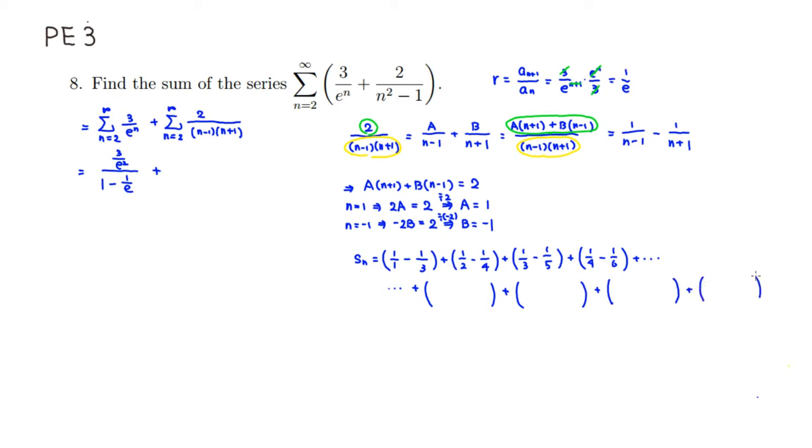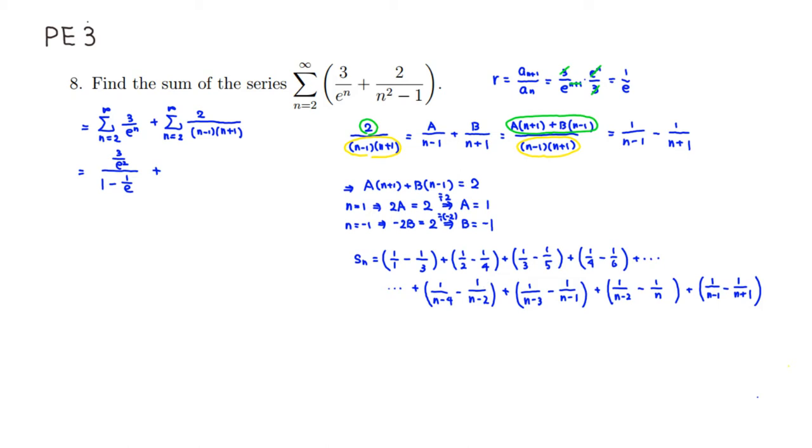The very last one is 1 over n minus 1 minus 1 over n plus 1. One before would be 1 over n minus 2 minus 1 over n. One before that would be 1 over n minus 3 minus 1 over n minus 1. And here 1 over n minus 4 minus 1 over n minus 2. Okay, I think that will be plenty.